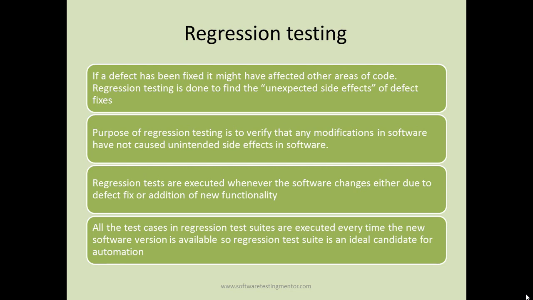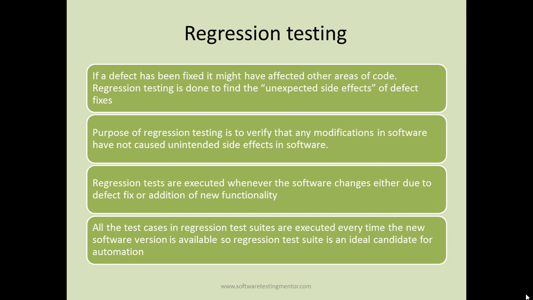Then all the test cases in regression test suites are executed every time a new software version is available. So the regression test suite is an ideal candidate for automation. Why is the regression test suite an ideal candidate? Because whenever there is a new build or new version of software available, the regression test suite is executed every time.